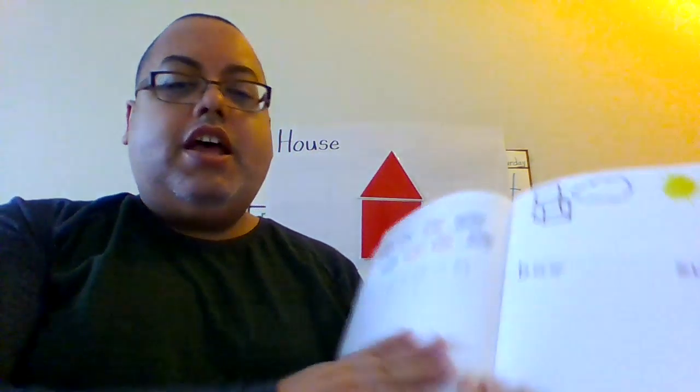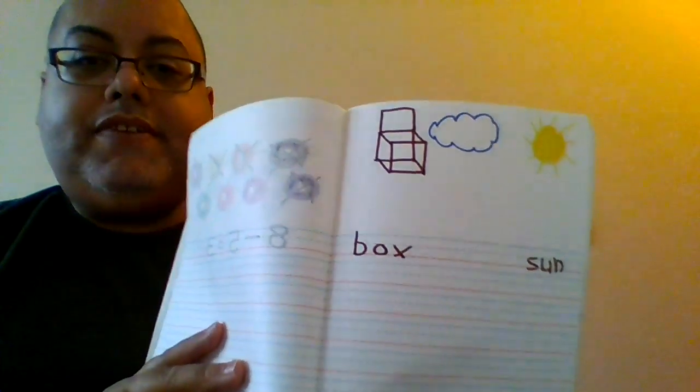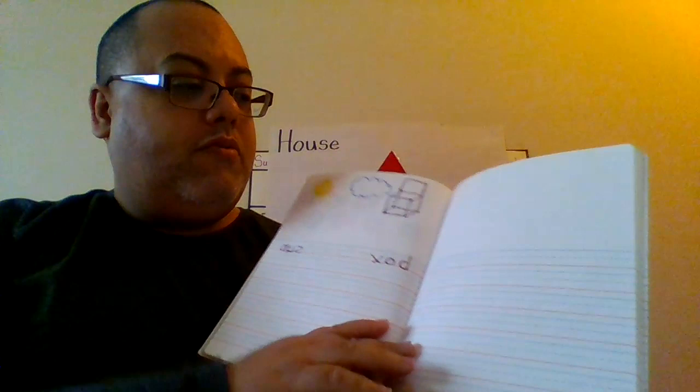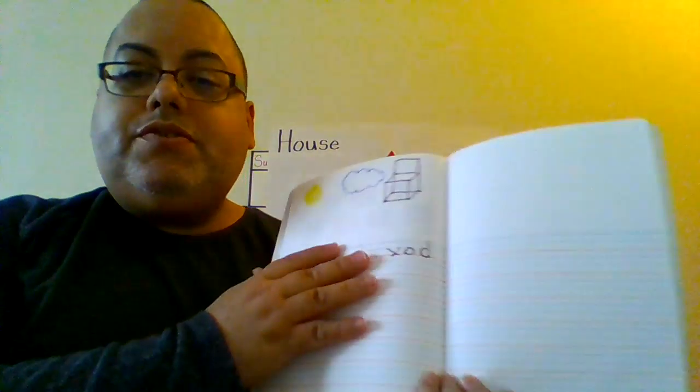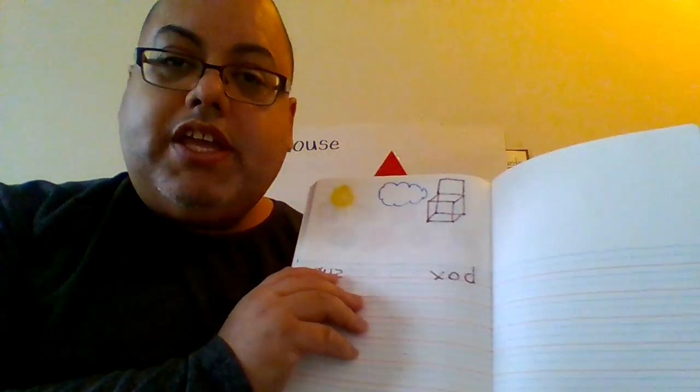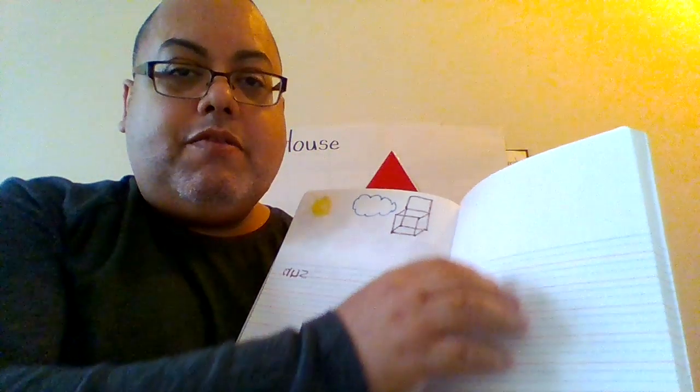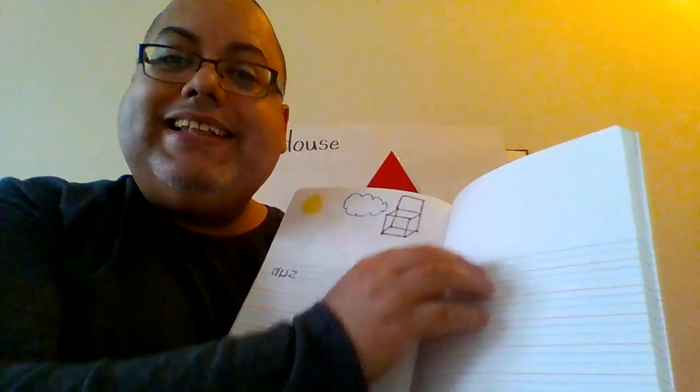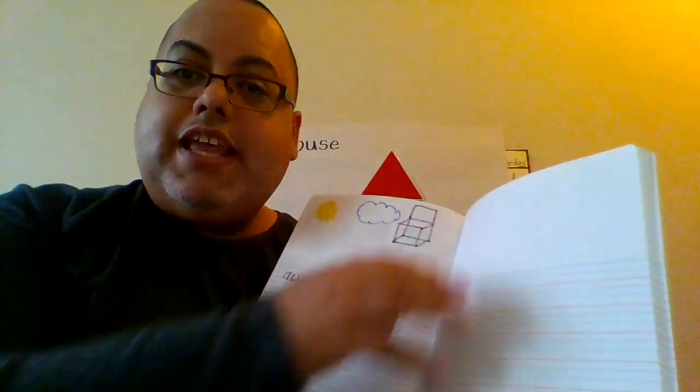And kindergarten is going to expect you to do a lot of things like we did on the previous video, box and sun. When you draw, when you write, you have to make sure that what you're drawing is in the words and that what you're writing is in the picture. Okay? They have to match. They have to go together.